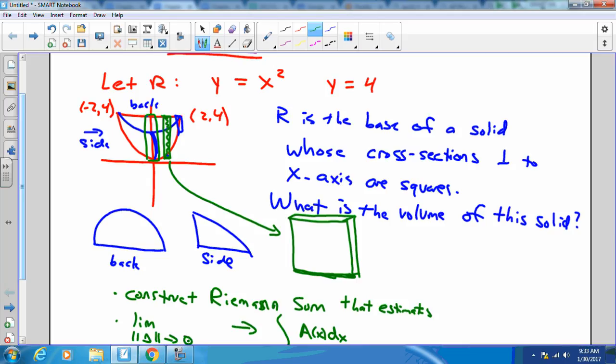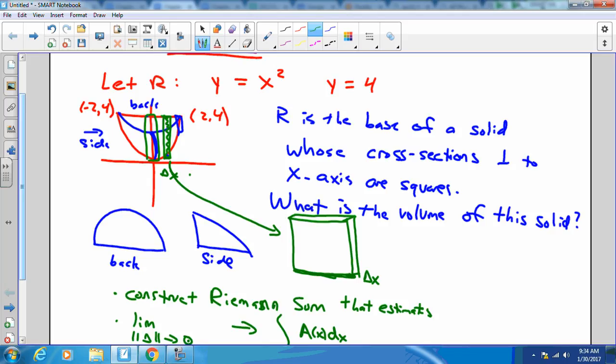Then I can go back and do the same thing, but use squares that use the smallest width here. And when I do, I construct a similar looking solid, but its volume is going to be a lower sum. For each one of these, our squares have a thickness of delta x.